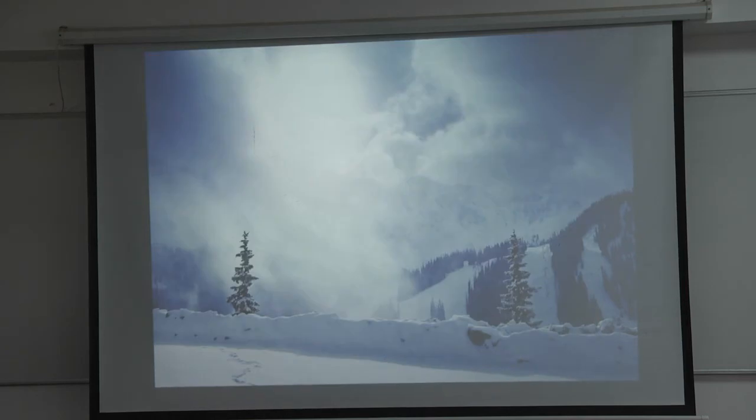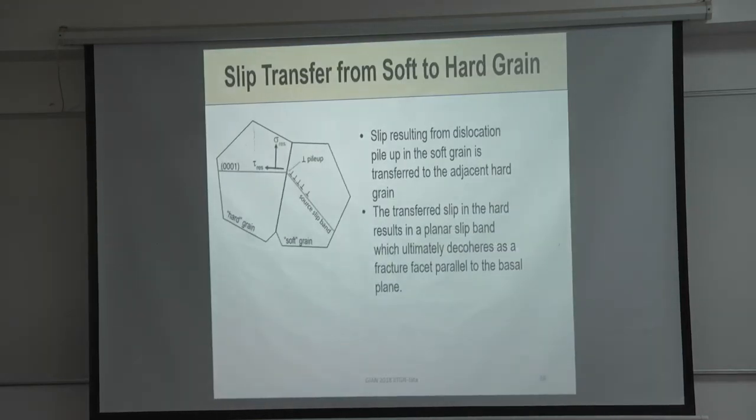So here come the dislocation theories a lot. A lot of dislocation theory goes in here, but I'm just giving you the final result. So you now remember the prism planes and the pyramid plane. So here is a soft grain, and here is a hard grain.